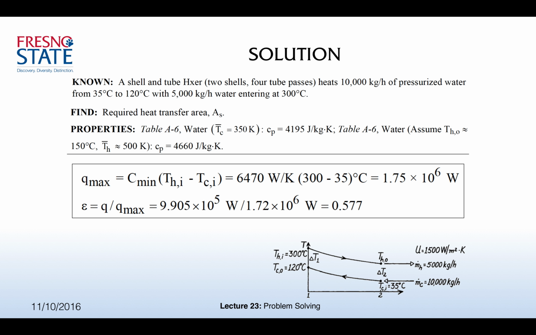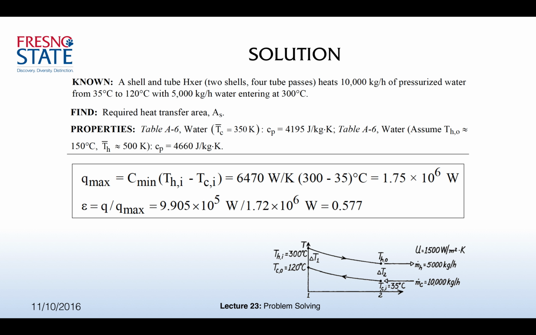So I can calculate the effectiveness now, or epsilon, because it's the ratio between Q actual and Q maximum. So my actual Q, my actual heat rate, is 9.905 times 10 to the 5th watts, divided by the maximum possible Q, which is 1.72 times 10 to the 6th watts, and this ratio, or the effectiveness in this case, is going to be 0.577.